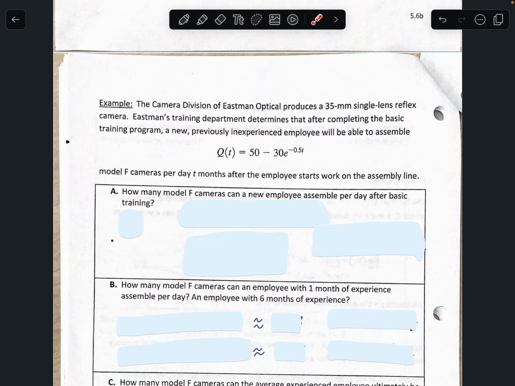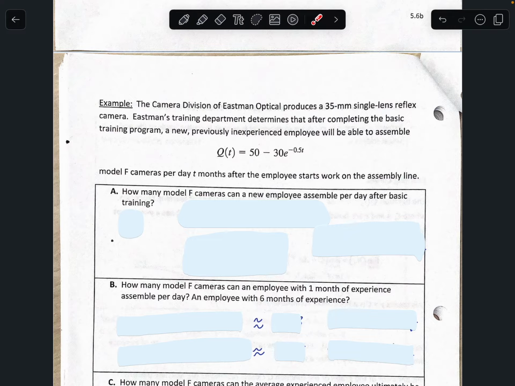So that is their learning curve. Depending on how much time they have been working at the assembly line, we're hoping that they can improve their skills and work at a better pace.